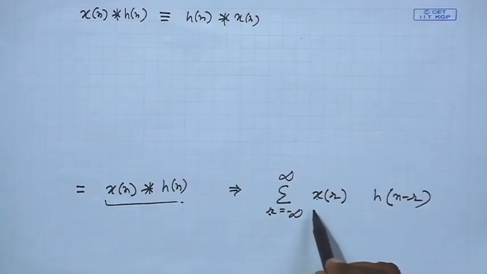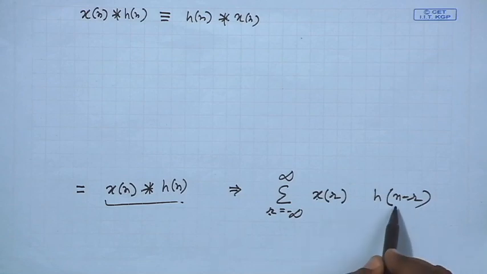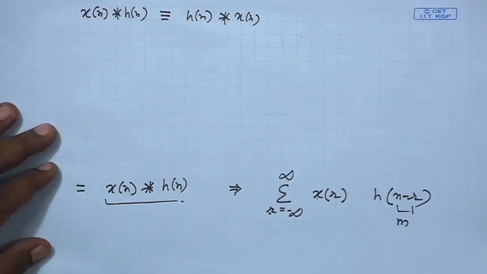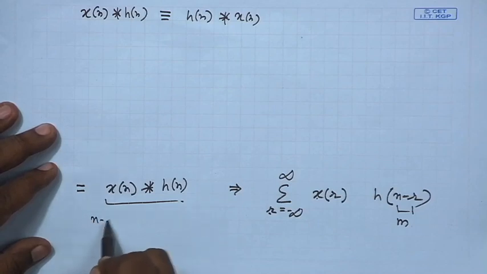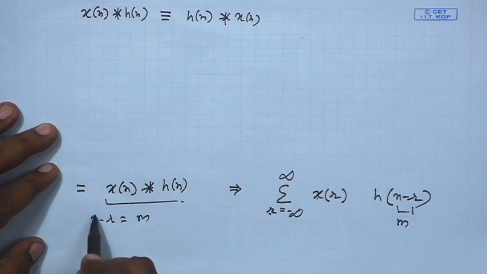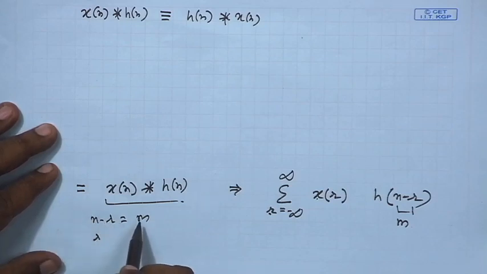How? This I have to show. Now, in this summation you see, I play a game. n minus r, I give it a name small m. Because n is fixed, r is a variable, I am substituting, I am bringing m to replace it. So, what is r? r is n minus m.